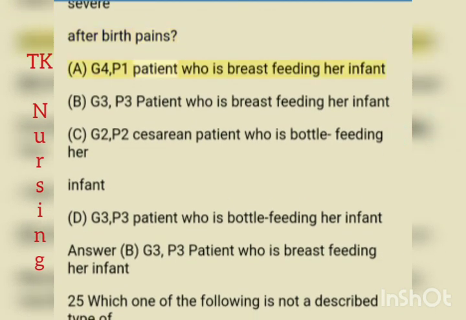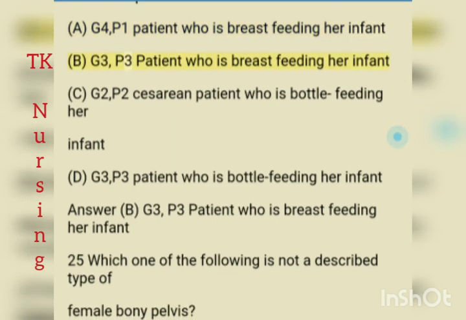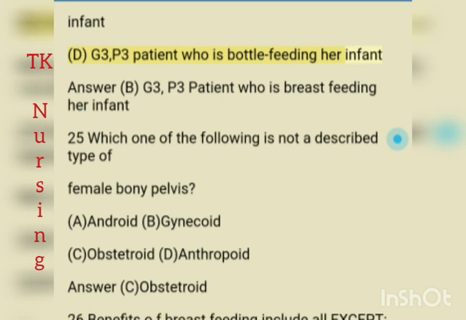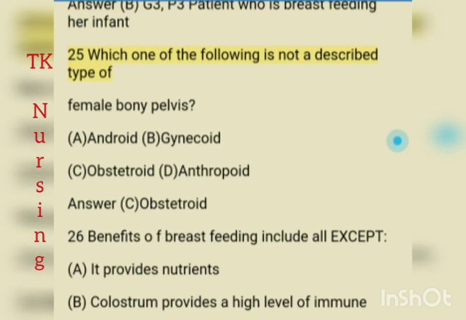A. G4, P1 patient who is breastfeeding her infant. B. G3, P3 patient who is breastfeeding her infant. C. G2, P2 cesarean patient who is bottle feeding her infant. D. G3, P3 patient who is bottle feeding her infant. Answer B. G3, P3 patient who is breastfeeding her infant.